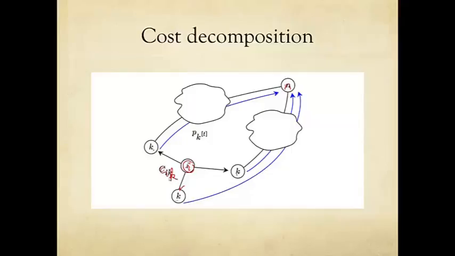Then let's denote by P sub I t as the minimum cost it takes for node I to go to destination N, from I to N. Let's assume this N is a common fixed N for everyone.